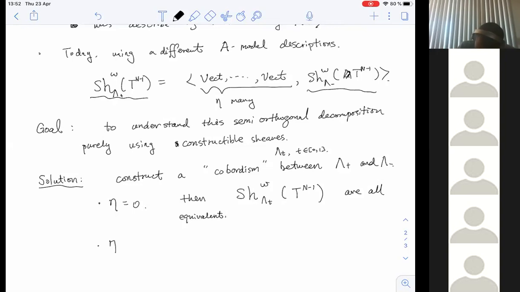If eta is positive, then as lambda t changes, there will be eta many moments where the category jumps.